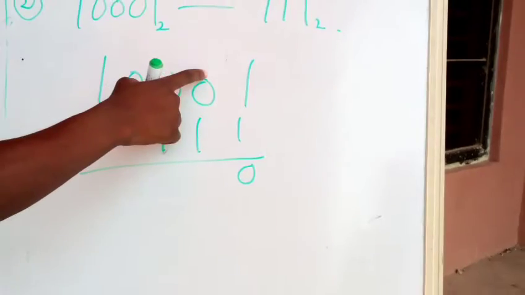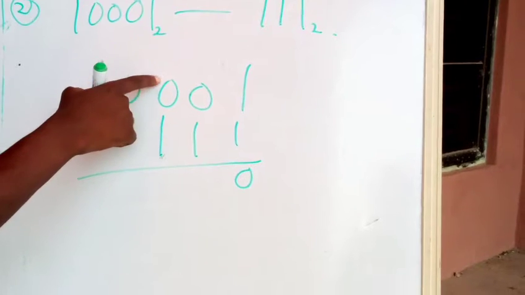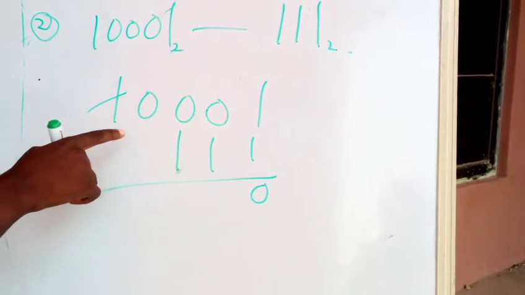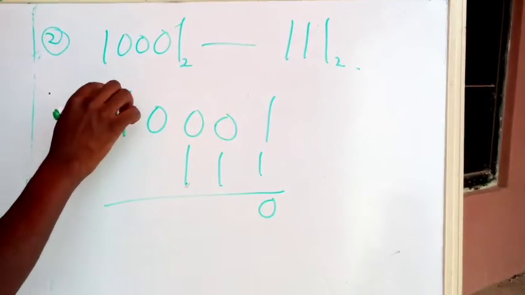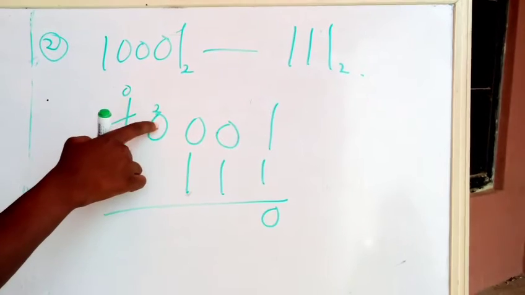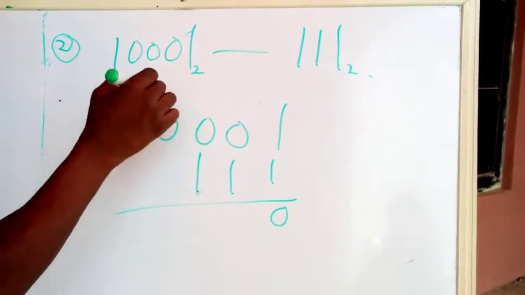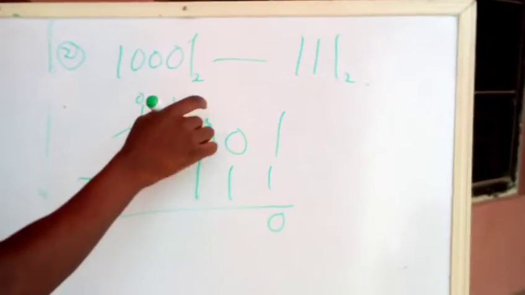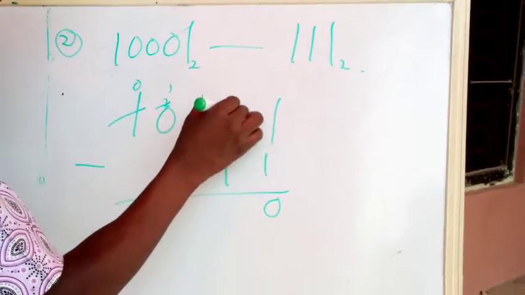Alright, so what do we do to this? We borrow. We can't borrow from this because this is 0, so we borrow from here. Remember, when we are borrowing, we are not borrowing 10, but since it's a base 2 number, we are borrowing 2. So when I borrow from here, this becomes 2, and this is now 0. Since this is 2, I borrow 1 from here, this becomes 1, and this is 2. If I borrow 2 from here, this becomes 1, and this is 2.